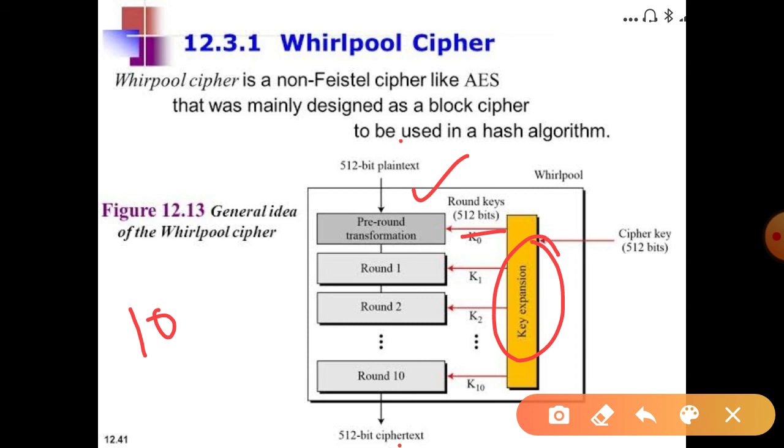Finally, after completing all the blocks, we get the required hash code generated by the Whirlpool cipher.